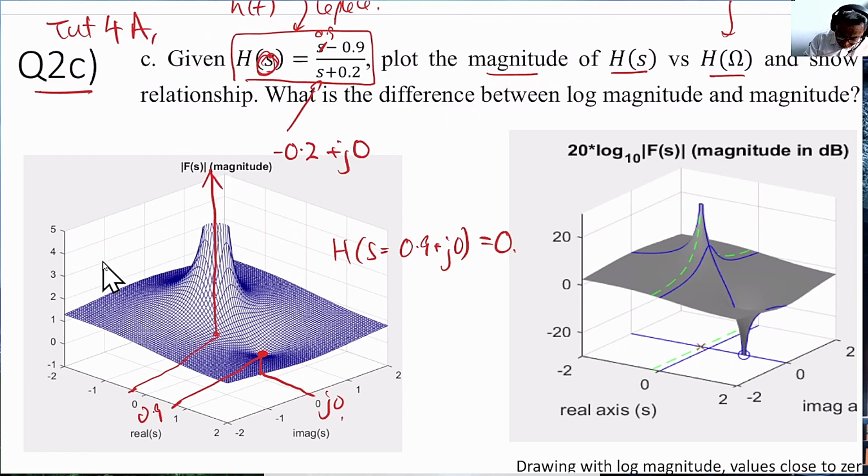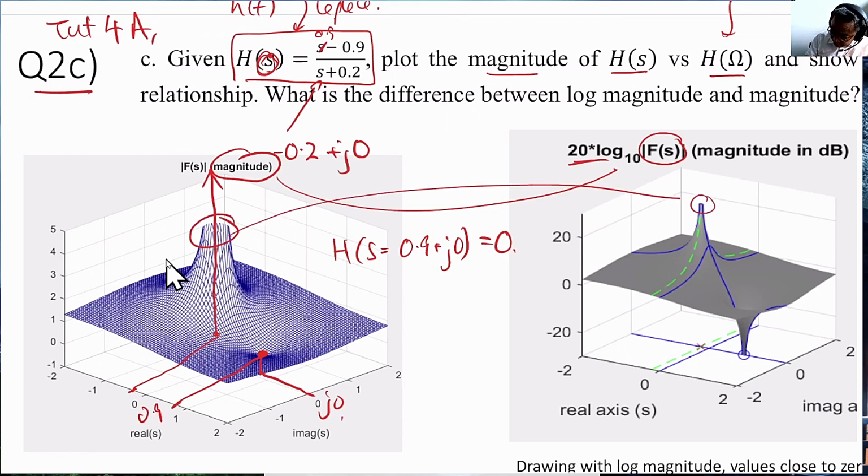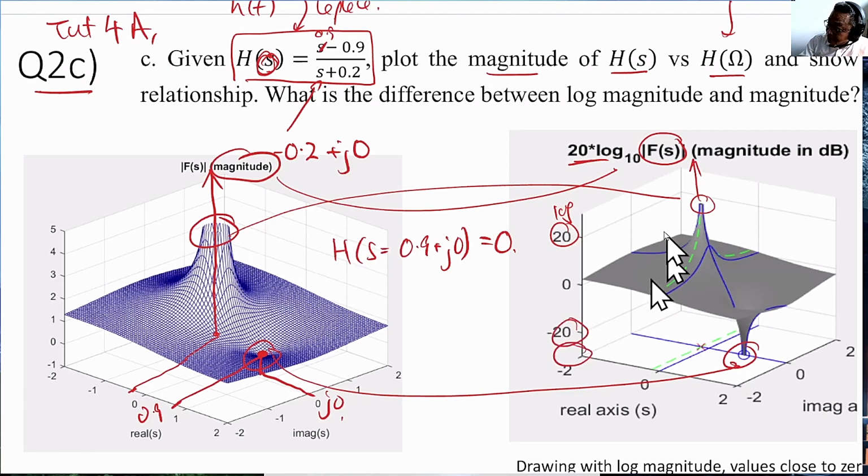Now, you will realize that it is not very easy to visualize this surface at magnitude. Typically, we prefer to visualize it in its log scale, log magnitude. So the infinity becomes a sharp point, and here is the log scale, and the 0 becomes a negative value along this vertical axis.